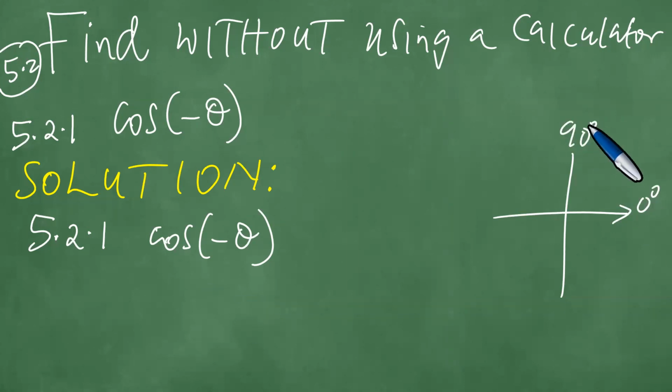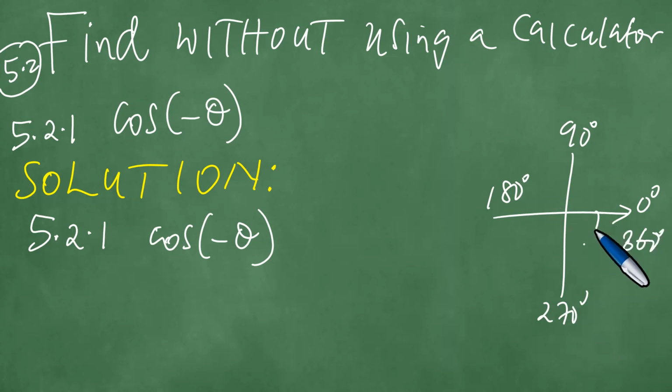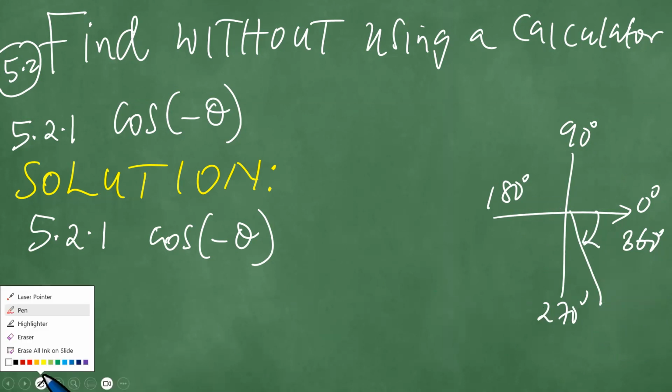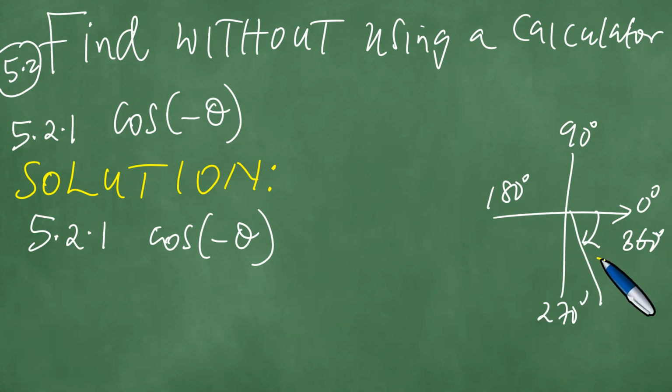Zero degrees, 90 degrees, 180 degrees, 270 degrees, 360 degrees, and if this one here is minus theta, you can see that this minus theta is in the fourth quadrant, and by the CAST rule, in the fourth quadrant the cosine is positive. So cosine of minus theta is just cosine theta.